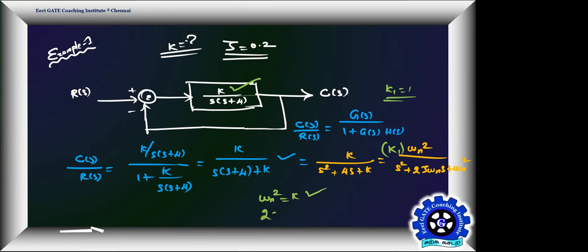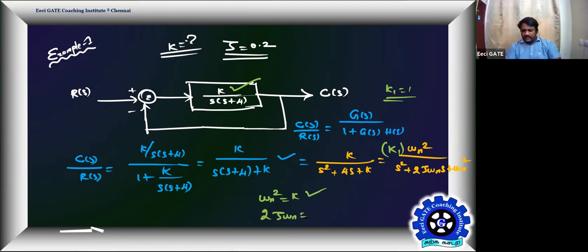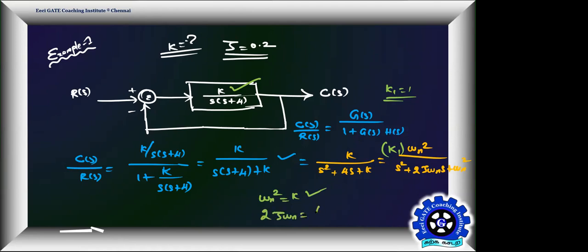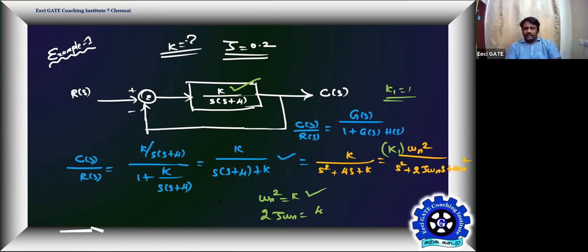Then 2ζωn is equal to 4. Therefore, what is the problem? What is the value of K so that your damping is set to 0.2? Set ζ to 0.2, which means 2ζωn becomes 0.4 ωn. That should be equal to 4, which means what is ωn?